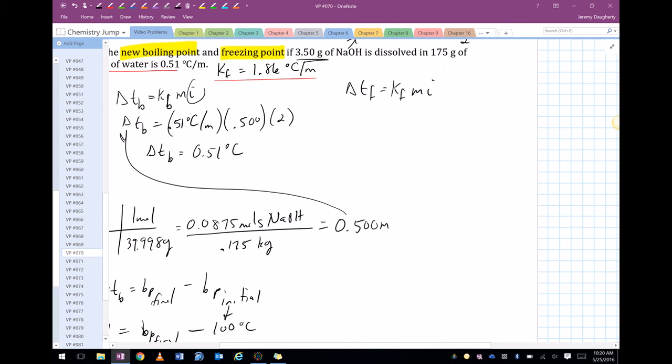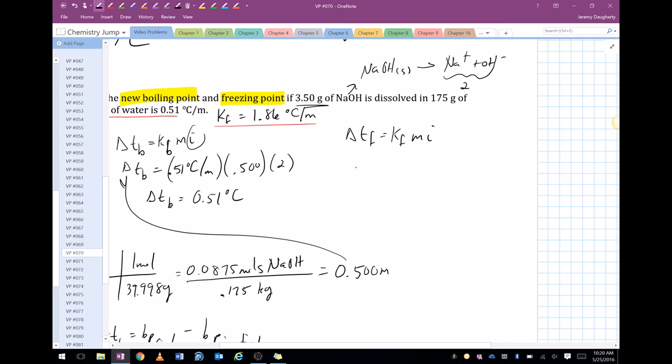I'm going to do the same thing with the freezing point, just use the different numbers. The molality is still 0.5. The i is still going to be 2. So I get a value of 1.86 degrees Celsius.